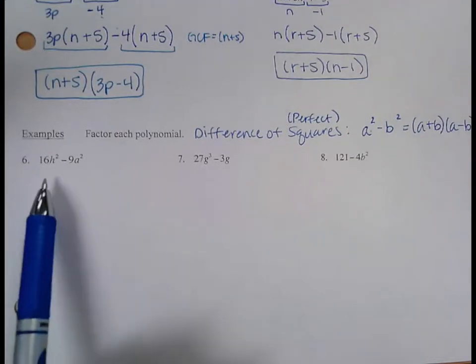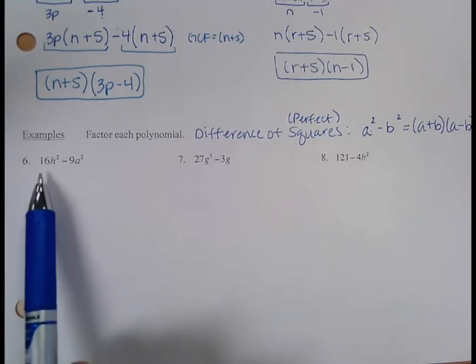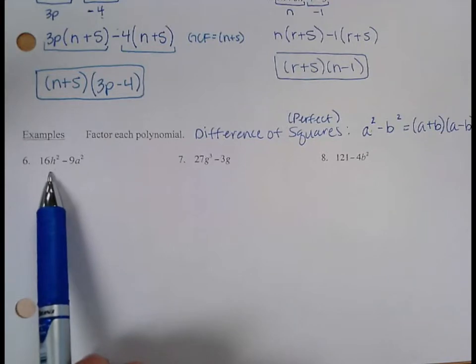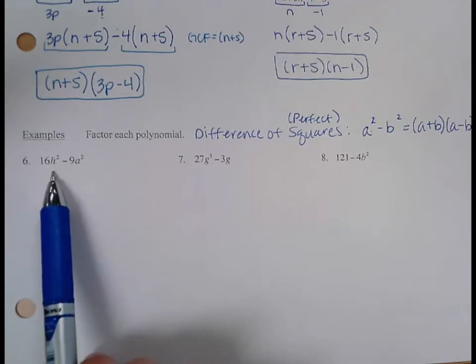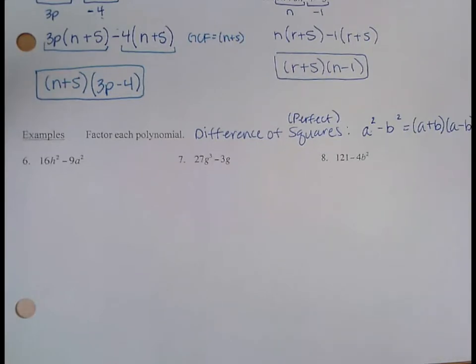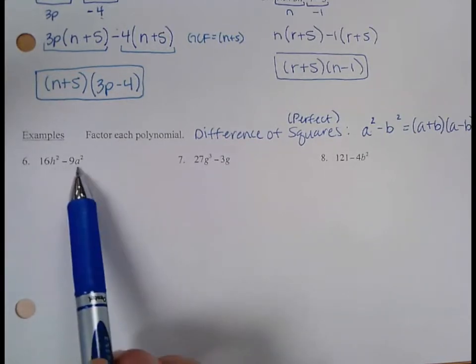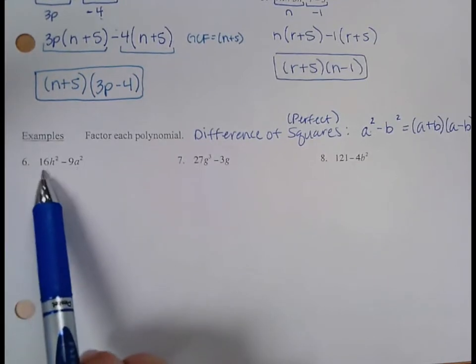So then you have to determine, are both of these terms perfect squares? Can you take the square root? A variable is a perfect square if the exponent is even. So if you have a variable squared or a variable to the 4th power or the 6th power, those are perfect squares. So h squared and a squared are both perfect squares.